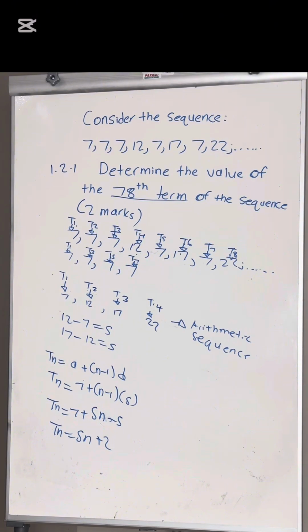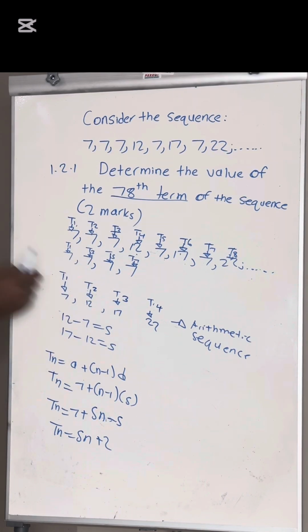So what can we do from here? What we can do is find the value of the 78th term. And how can we do that? You can see this is actually broken down into two sequences. Term 1 of this sequence is the second term.